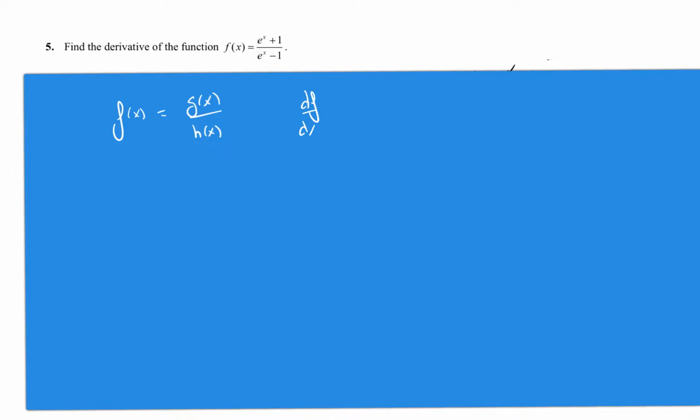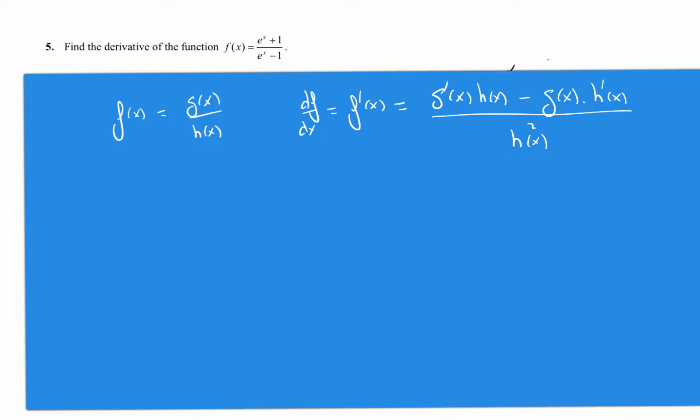The derivative of f with respect to x, or f prime of x, is the derivative of the numerator by the denominator minus the numerator multiplied by the derivative of the denominator, divided by the denominator squared.